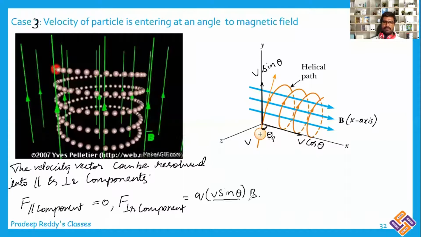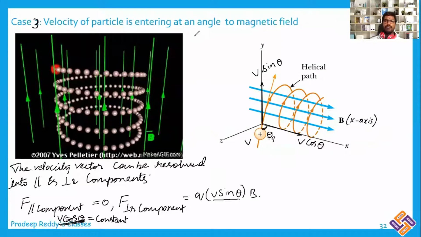Because of this, the parallel component V cos theta is constant. That means the charged particle moves with the same V cos theta velocity along the x-axis and also takes a turn.